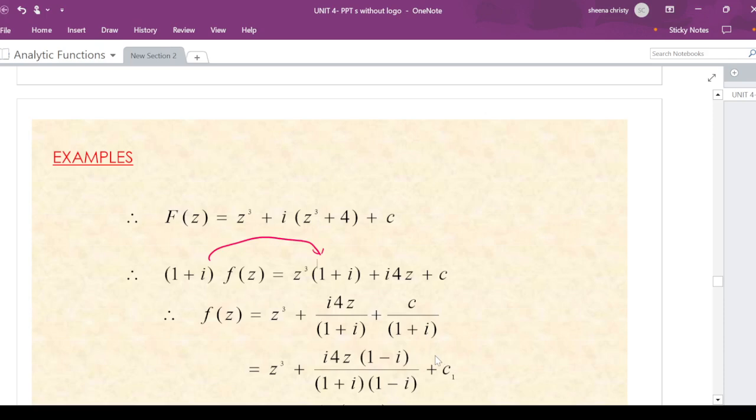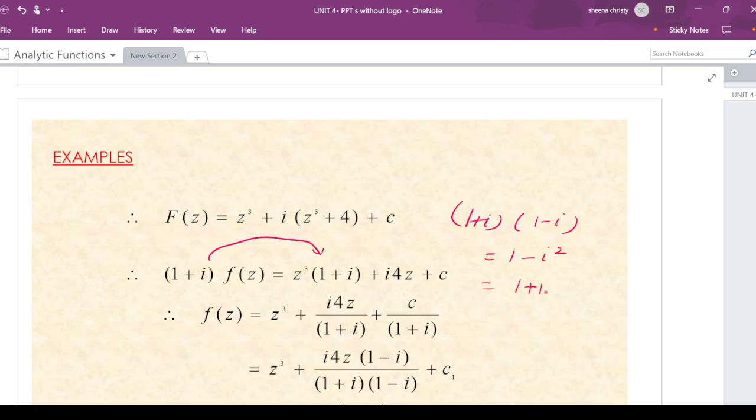Now what we are going to do here is remove i from the denominator of the second term. Therefore, multiplying and dividing by the conjugate, 1 plus i into 1 minus i gives you 1. It is like x square minus y square, so i square.